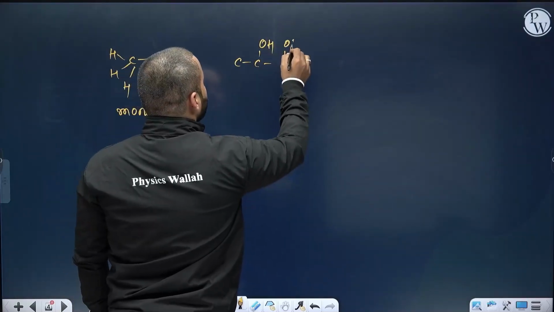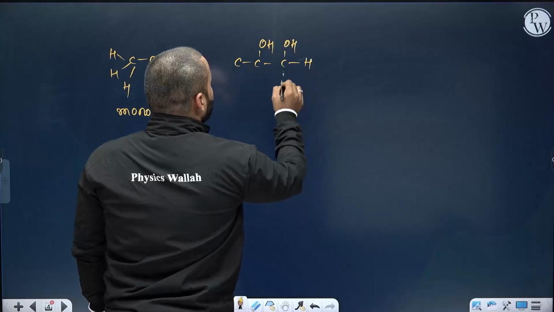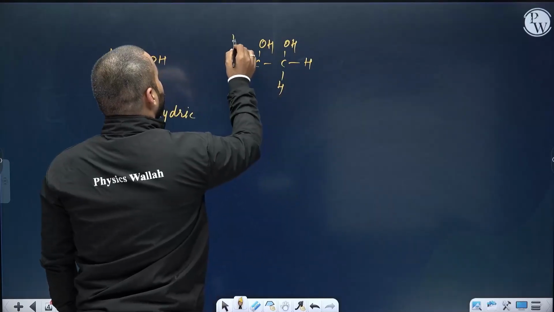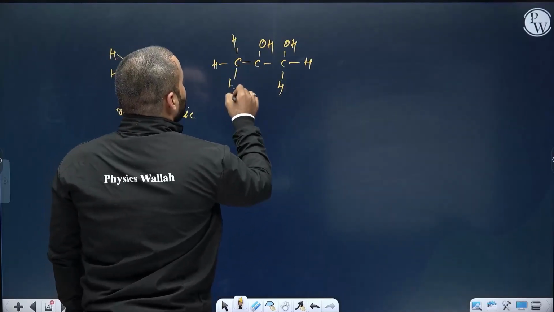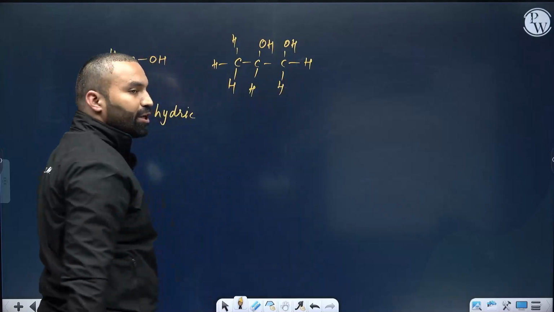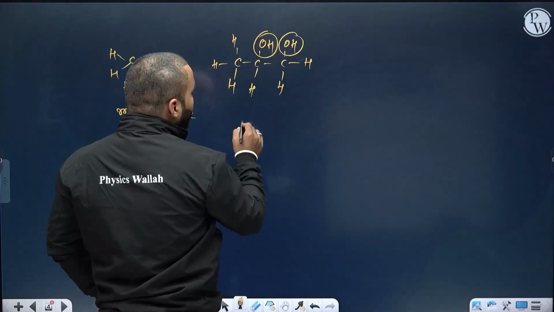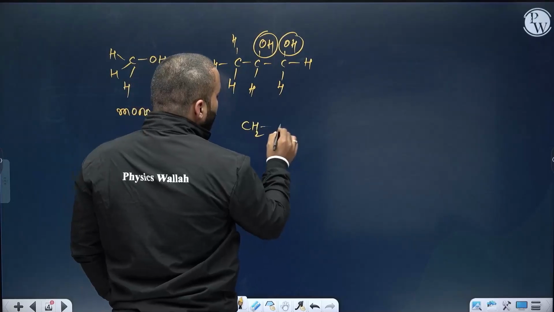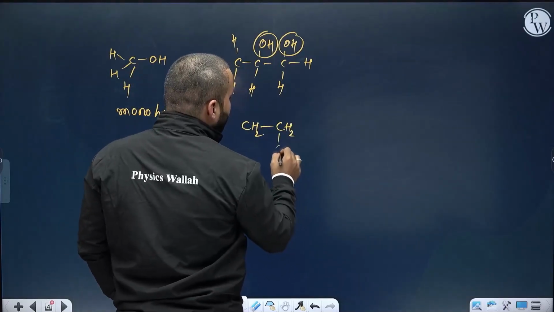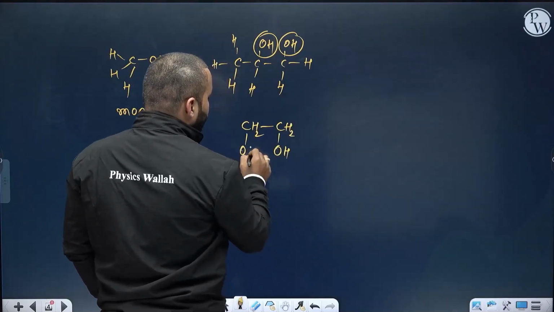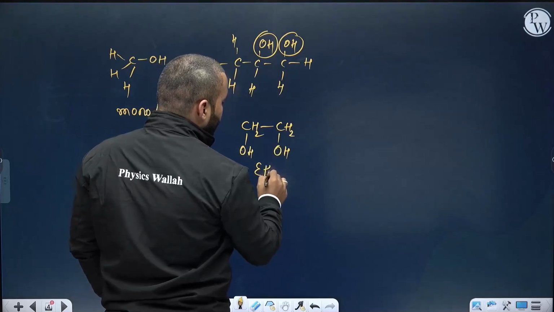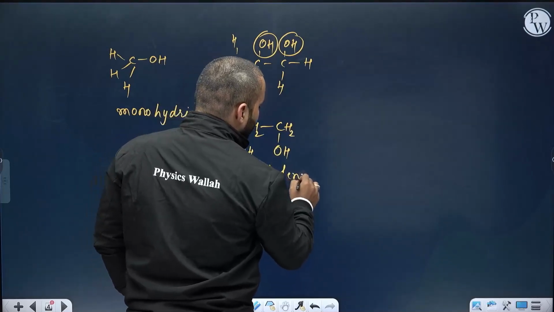Suppose this is the molecule that I have. This will be known as a dihydric molecule, right, everybody? Why? Because there are two OH present. One example you should remember is ethylene glycol.